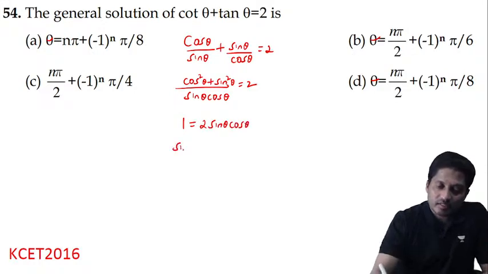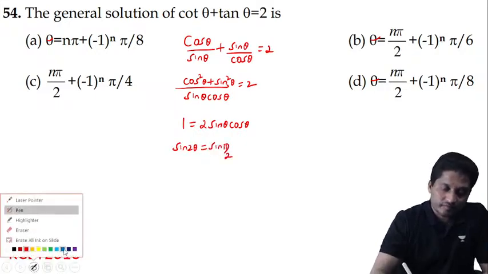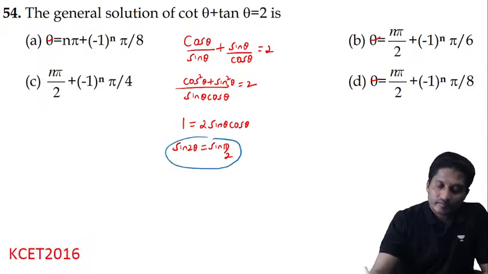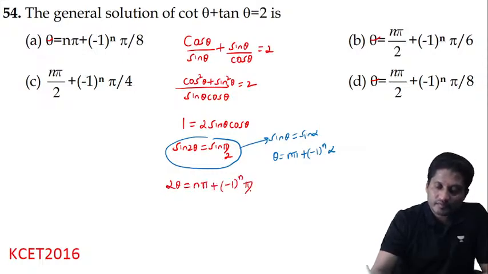2 sine theta cos theta is sine 2 theta. 1 can be written as sine pi by 2. Now this is of the form sine theta is equal to sine alpha. General solution is theta is equal to n pi plus minus 1 power n times alpha. So 2 theta is equal to n pi plus minus 1 power n times alpha, which is pi by 2.